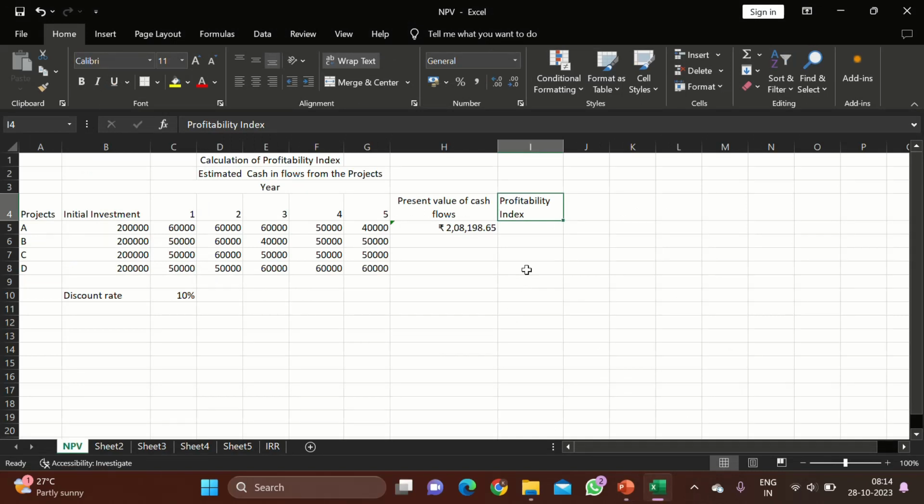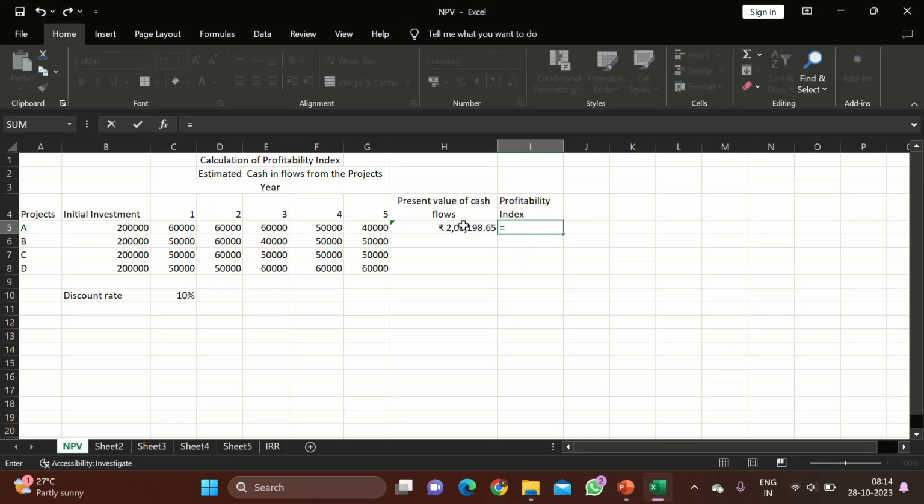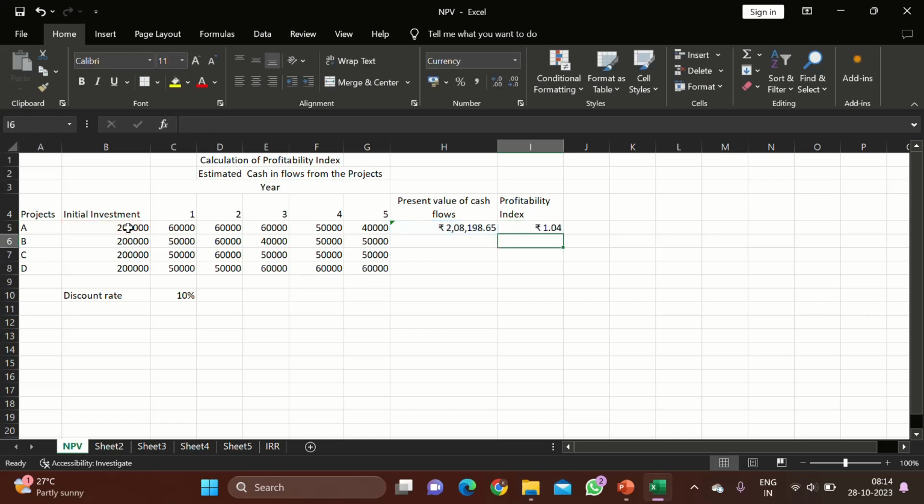So equal to present value of future cash flow divided by initial investment. So it comes 1.01. That means the profitability index is more than 1. So we can accept the project.